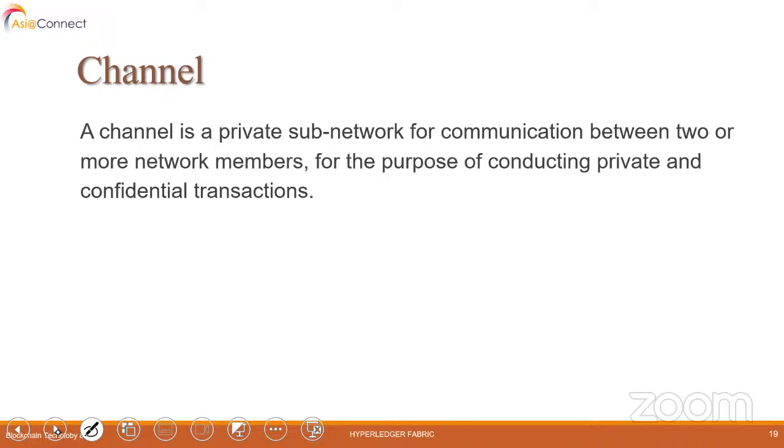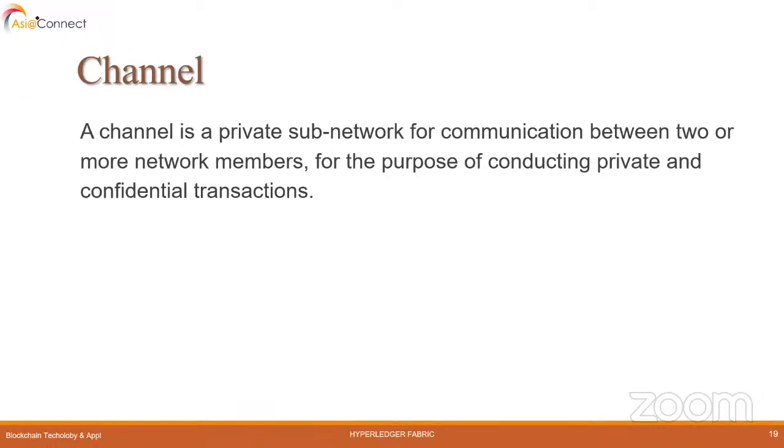I request you to just review the Ethereum network or the Bitcoin network, where there was no separate channel. If there is a network, every single participant will be receiving all the transaction information of any transaction proposal. Whereas Hyperledger Fabric, which is an enterprise level blockchain network, gives you this special facility where channels can be created, right?